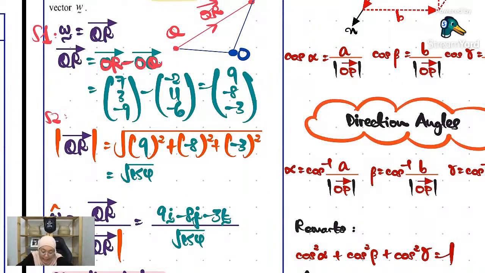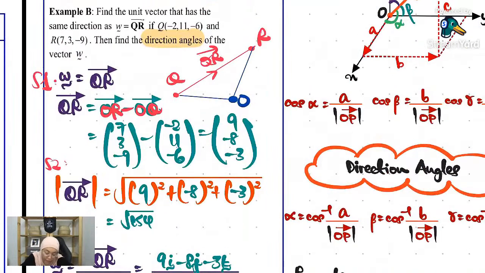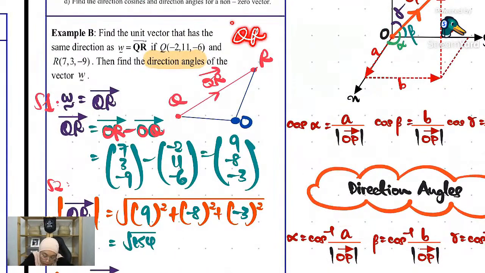And so we are not yet finished. We must get the unit vector first, because it says it wants the vector of W. The vector of W is actually QR. Find the unit vector that has the same direction as W. So unit vector means it wants us to find QR hat.